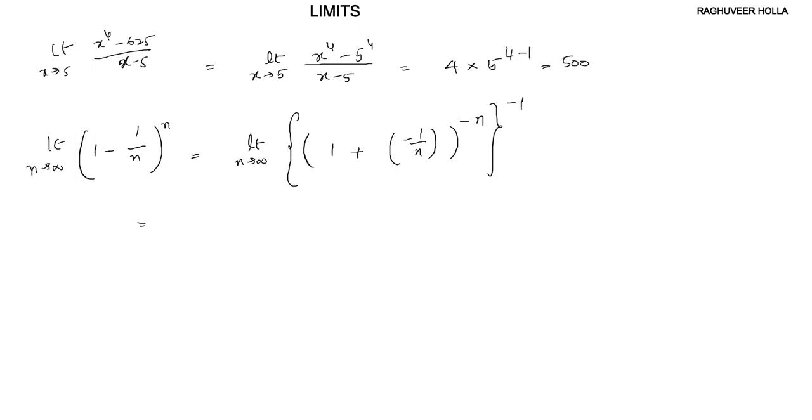This is an inverse, so I can put it in the denominator: 1 divided by limit n tends to infinity of (1 + (-1/n))^(-n), which is equal to 1/e.